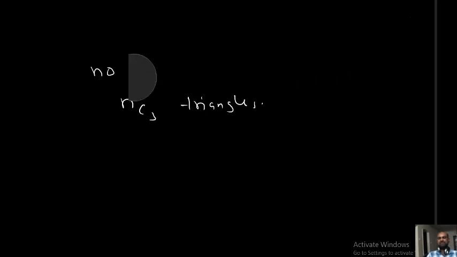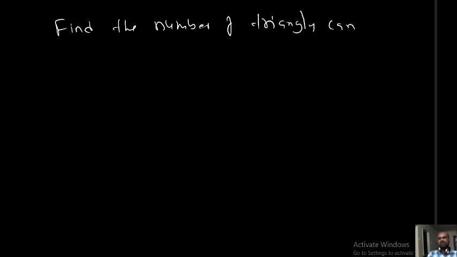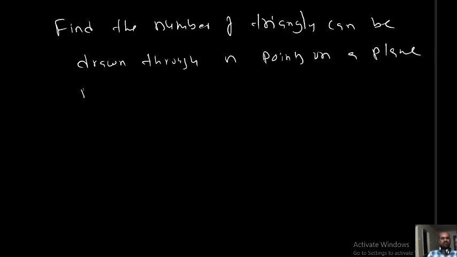Next question, find the number of triangles that can be drawn through n points on a plane in which k are collinear.